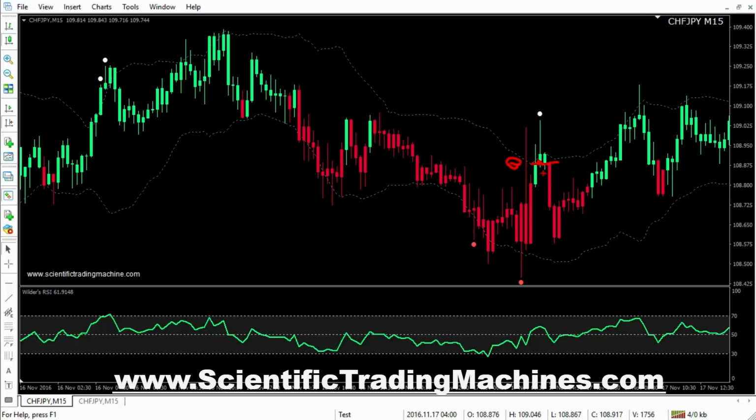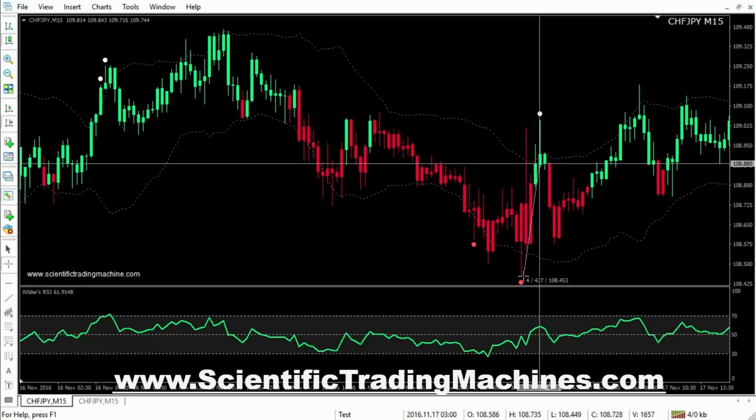You are going to use the last bottom in the market as your stop loss, and 2 times the entry to stop loss distance would be your target. So the easiest way to show it: this would be our entry point.